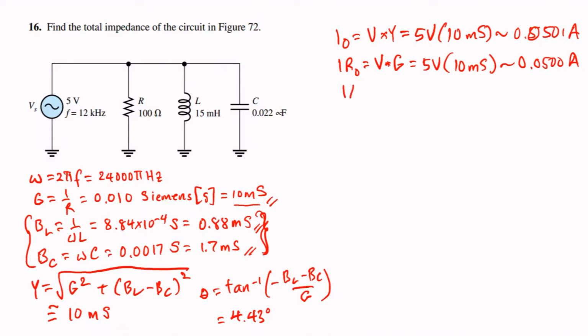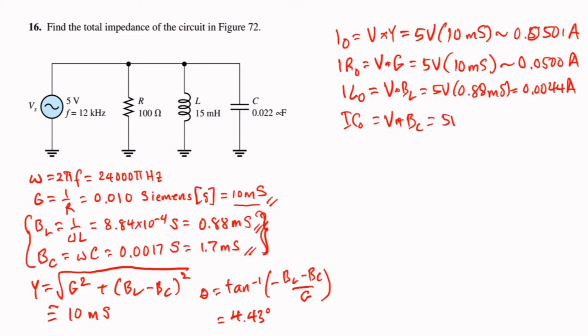Then if we continue on to the current across the inductor, we have V times B_L, 5 volts times 0.88 millisiemens. That's about 0.044 amperes. And then I_C0 is equal to V times B_C, which is 5 volts times 1.7 millisiemens, about 0.0083 amperes.